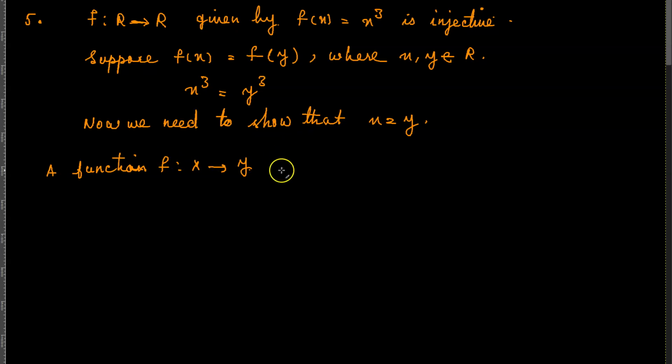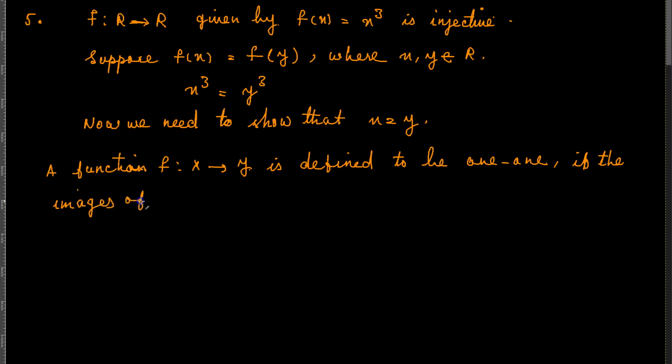A function f from X to Y is defined to be 1-1, or injective, if the images of distinct elements of X under f are distinct.